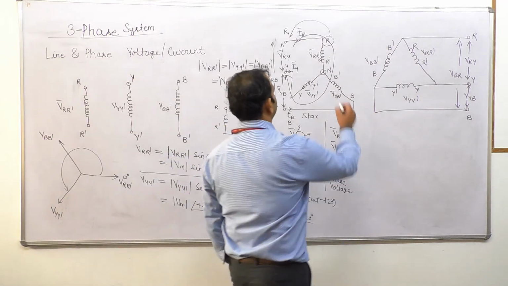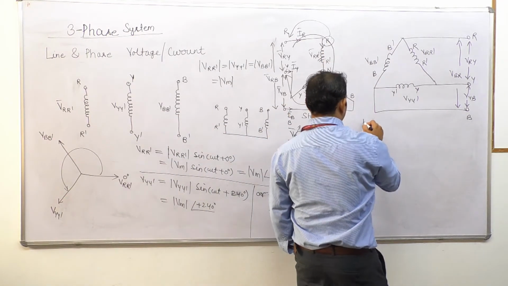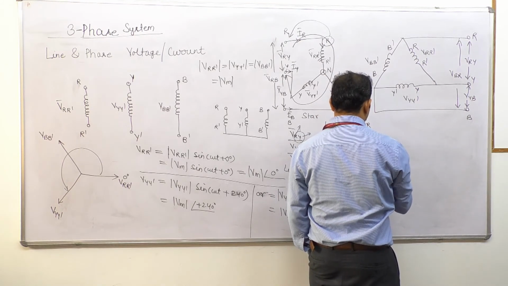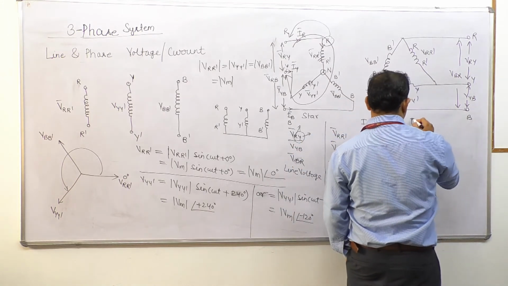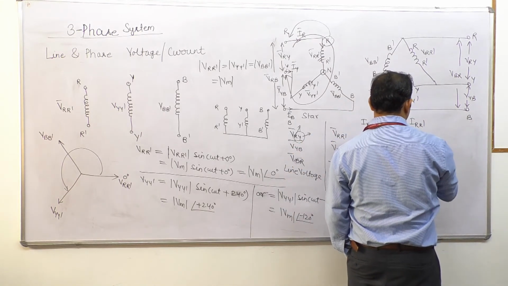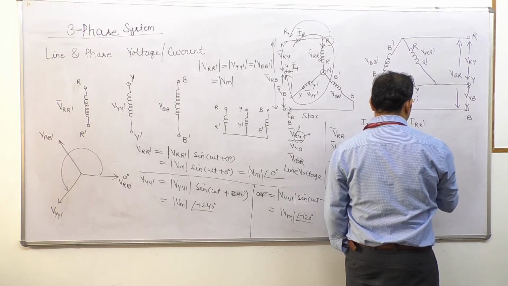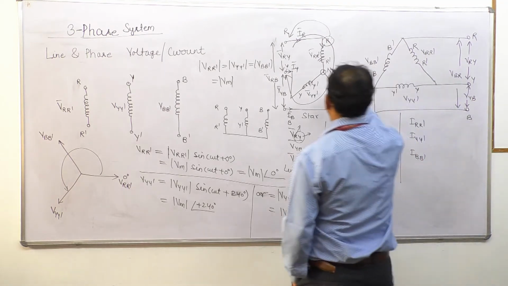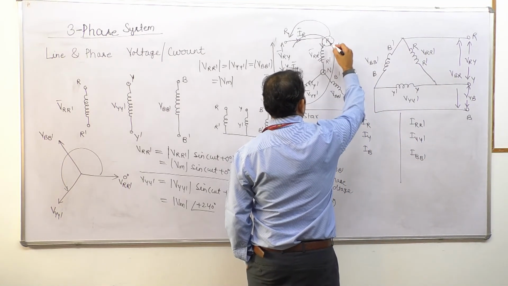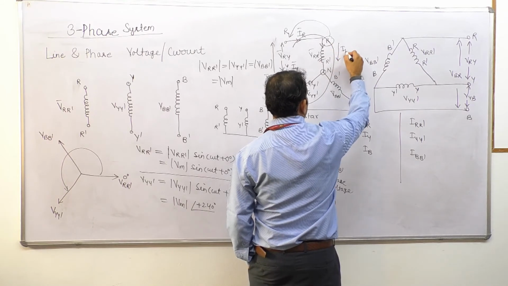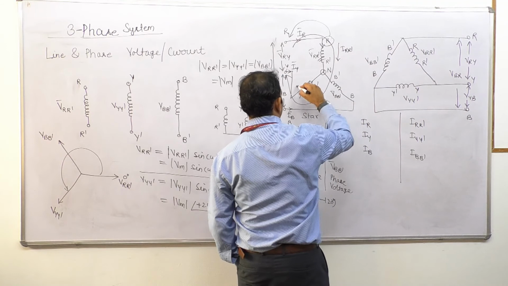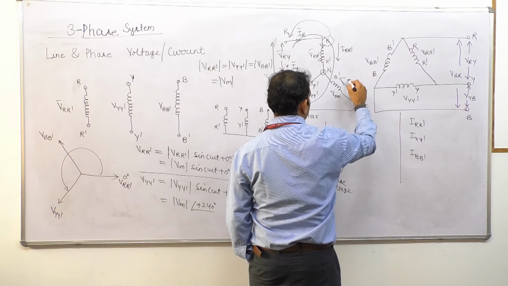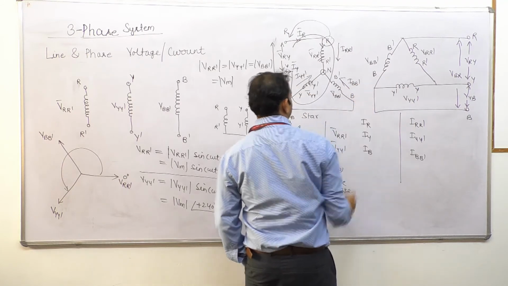Again, the currents here, IR, IY and IB, and IRR dash, IYY dash and IBB dash. So here, current from R to R dash, Y dash, B dash.